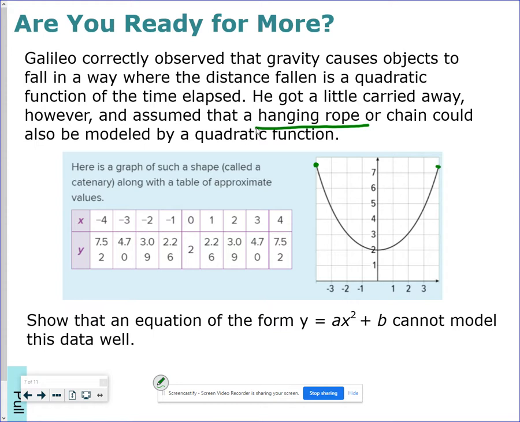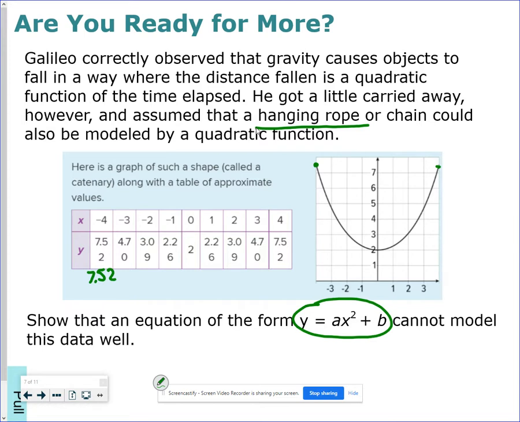Okay, so this part, and I know that the table looks kind of weird because the y's kind of got squished. So for instance, this is really like 7.52 right here. Sorry, it's not supposed to be in 2 rows for your numbers. It says show that an equation does not work well. This is what our normal quadratic equation looks like, and we've written things that look just like that.